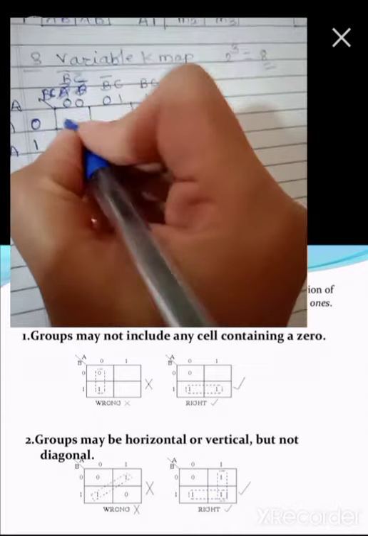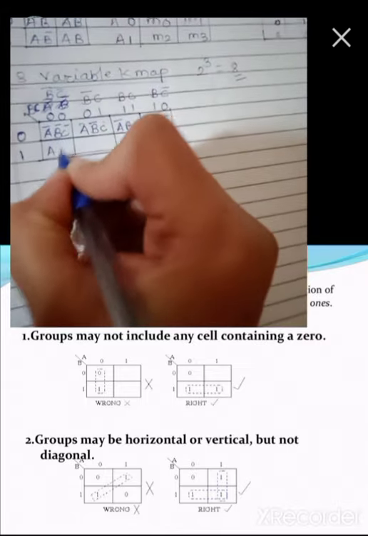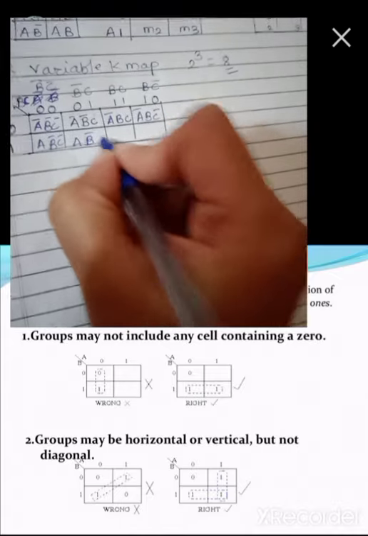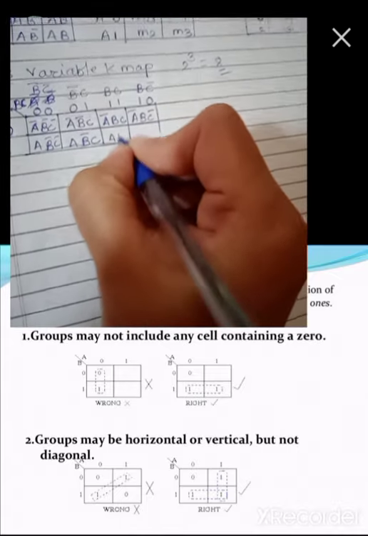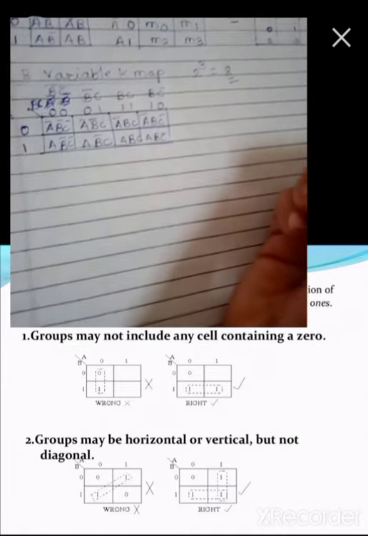This house will contain A bar, B bar, C. This will contain A bar, B, C. This will contain A bar, B, C bar. This will contain A, B bar, C bar. This will contain A, B bar, C. This is A, B, C, and this is A, B, C bar, like this.